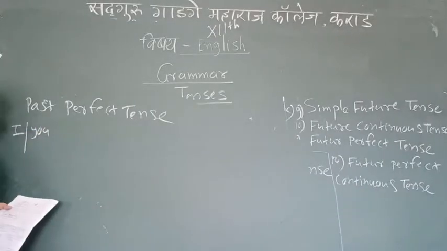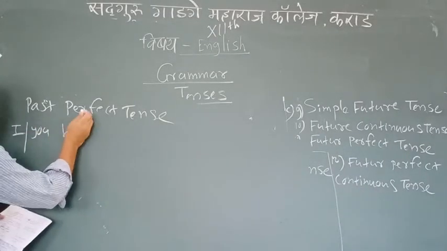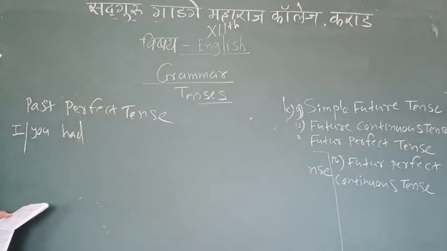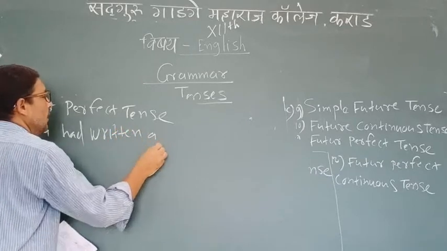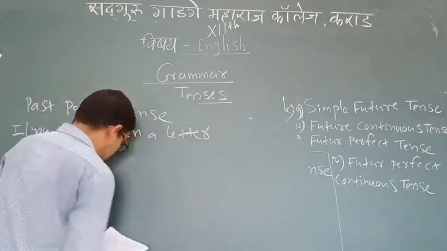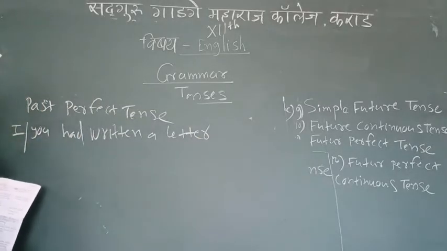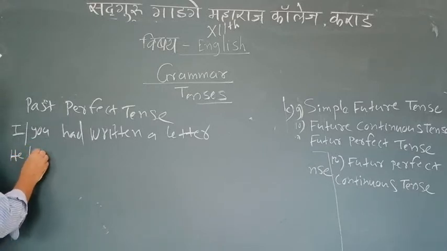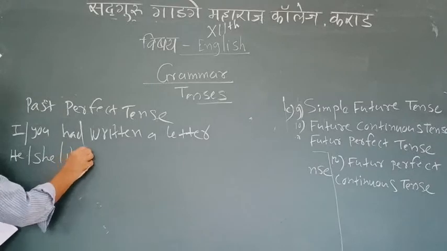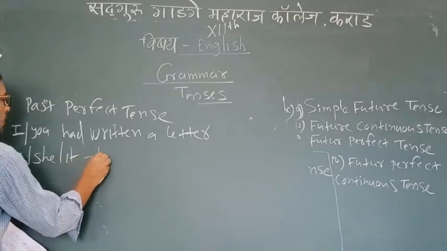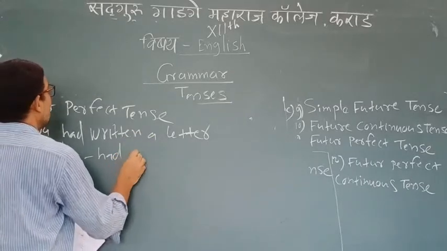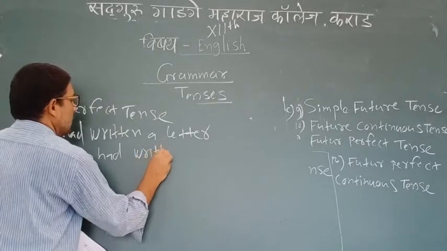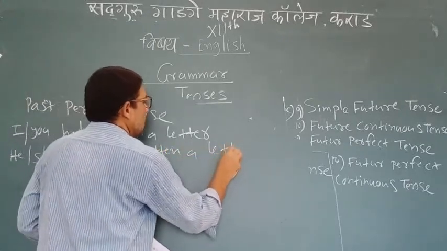You can use the past form of it: had written a letter. If you take the subject like he, she, or it, there is no change. He had written a letter.